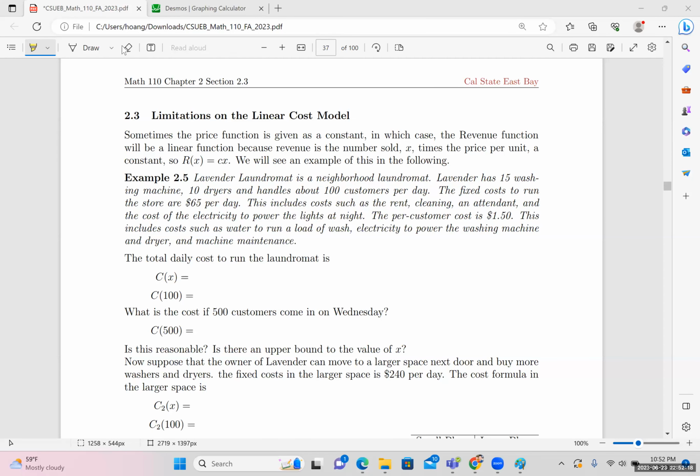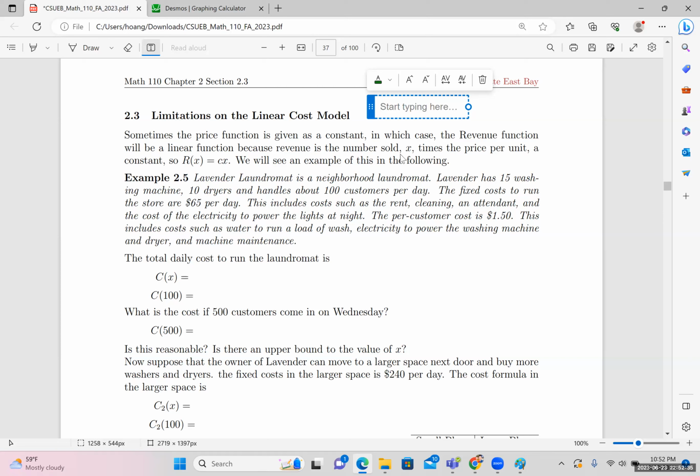Hello, everyone. We come to section 2.3, limitation on linear cost model. In 2.2, we did talk about piecewise functions. So in this section, we come back to the cost model or the cost functions.